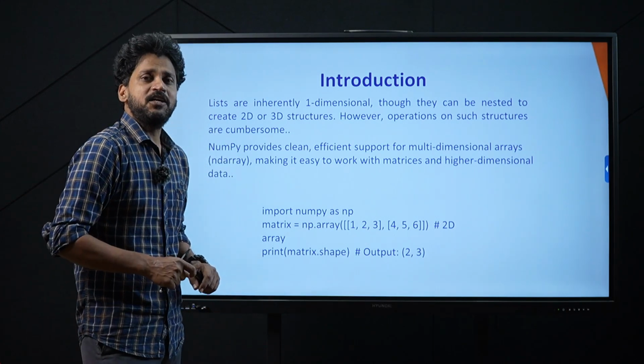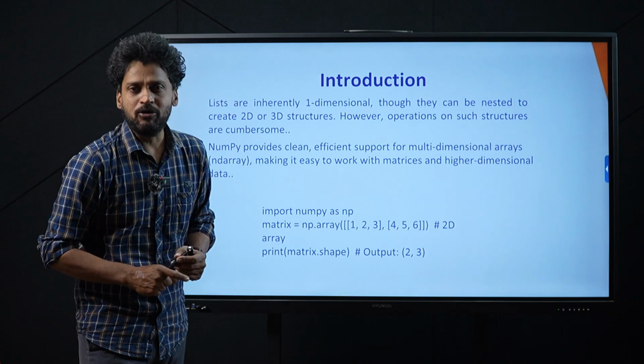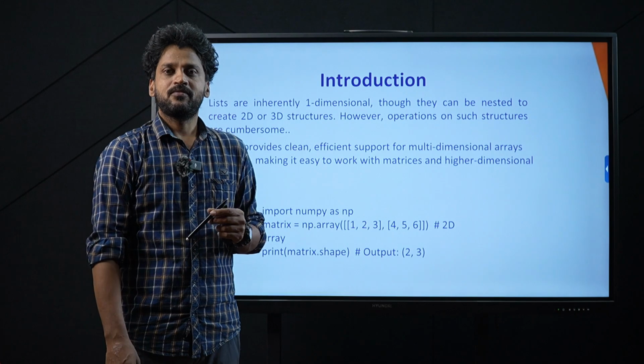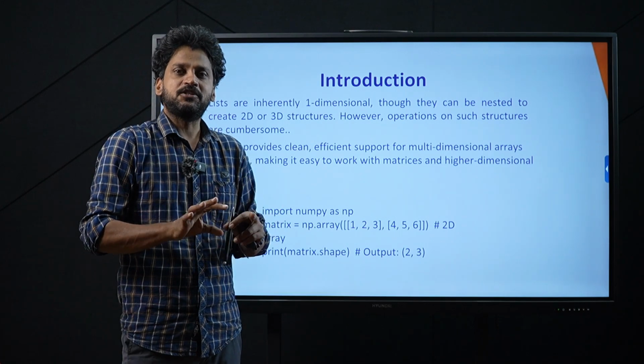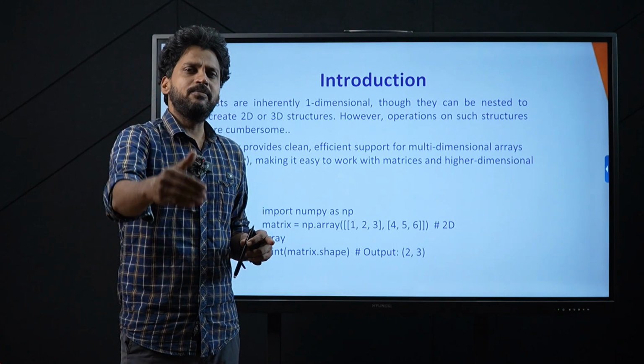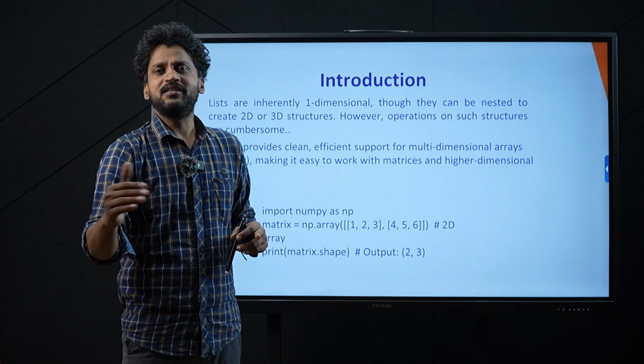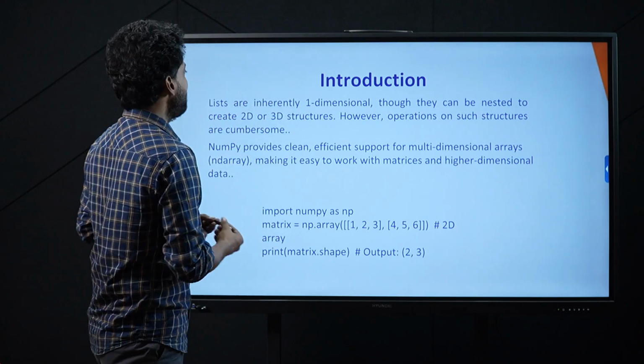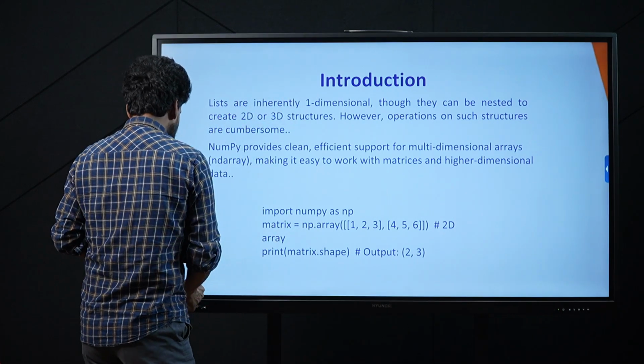But within the NumPy package, you don't need to do anything. You can call some inbuilt functions. Directly, you'll be able to create 1D, 2D, 3D arrays by using one object called ndarray. There is one object called ndarray.